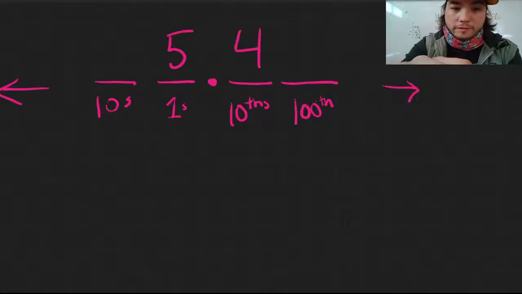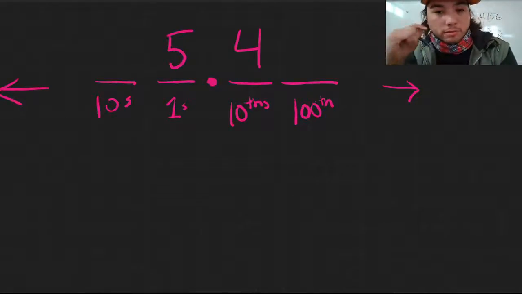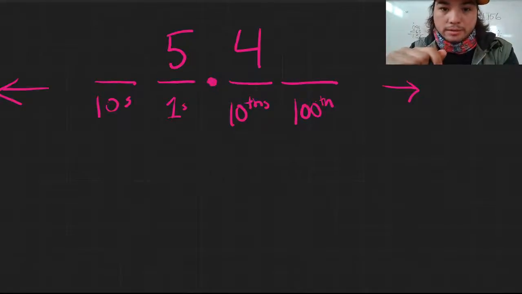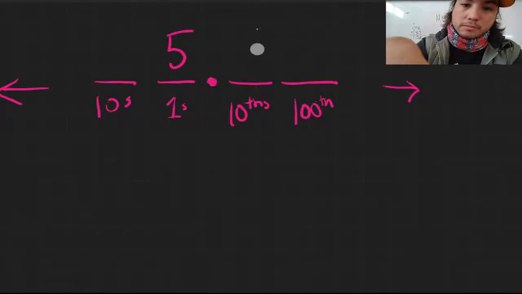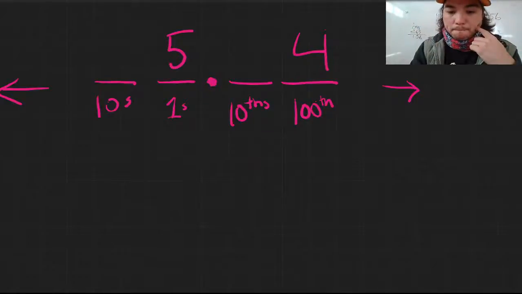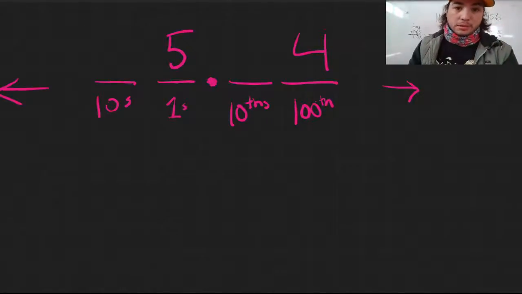So for this one, it would be 5, and I always think of when you see the decimal point, you're saying "and" there, 4/10. Okay? What if our 4 was in the hundredths place? If our 4 was in the hundredths place, this is where we would need a 0 in the tenths place.